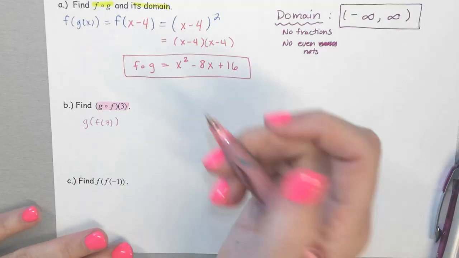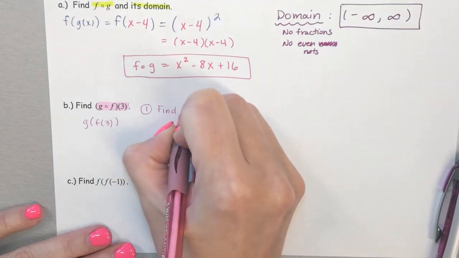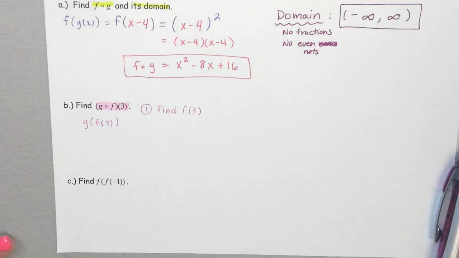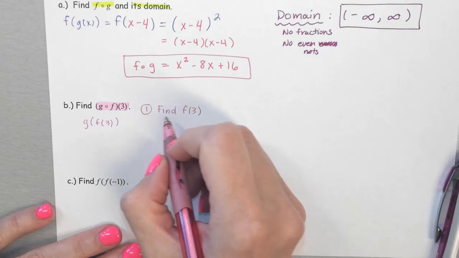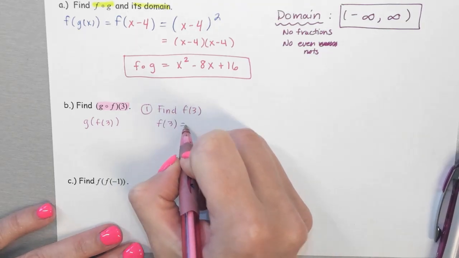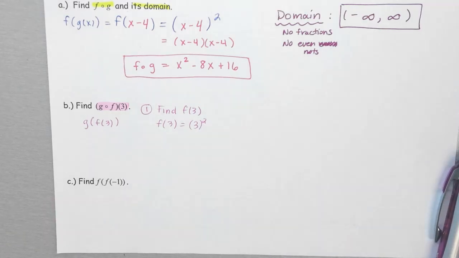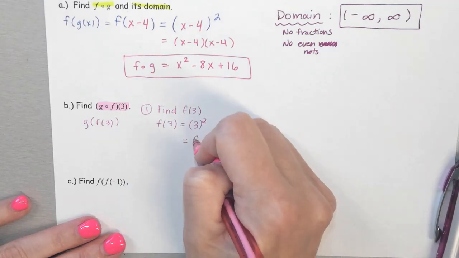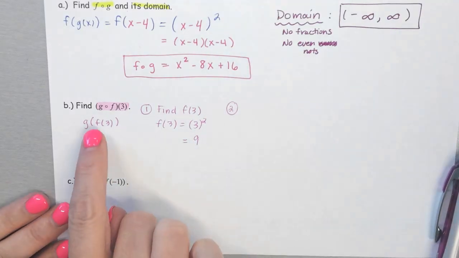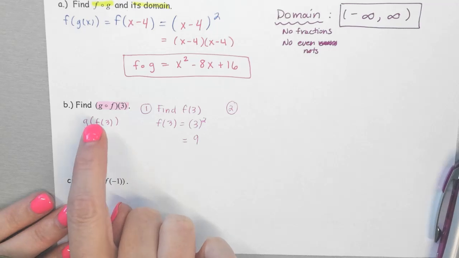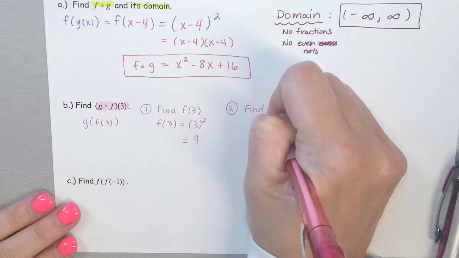So if you start from the inside, your first step would be to find f of 3, which we can do very quickly, right? F of 3 is going to be 3 squared, which is 9. And then your second step, once you know this is 9, you just substitute it, right? So your second step would be to find g of 9.